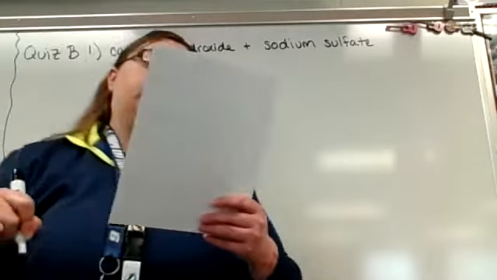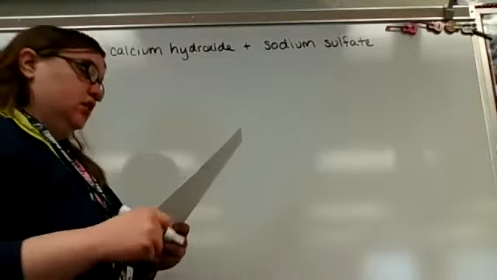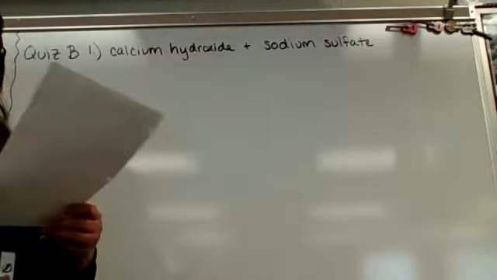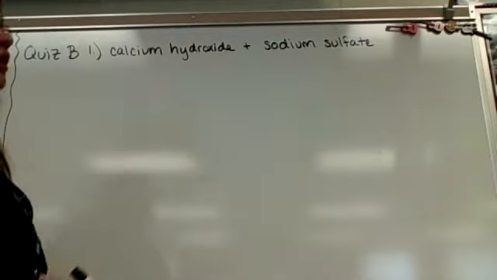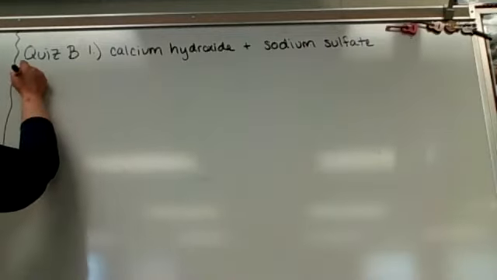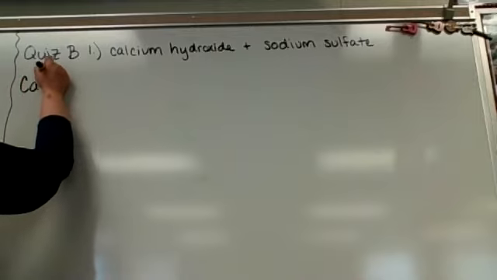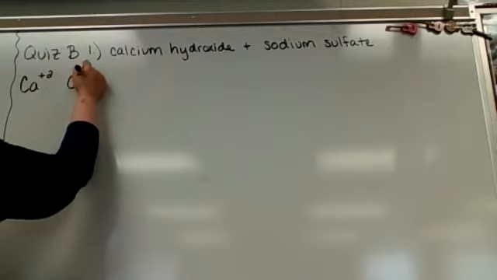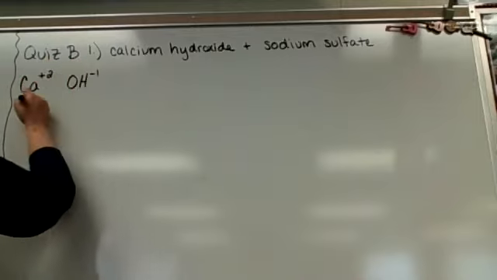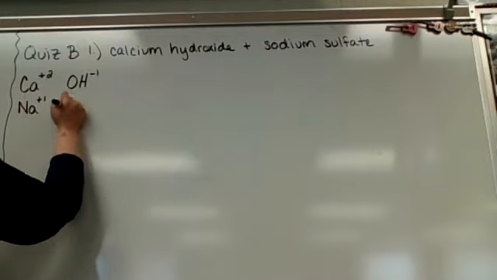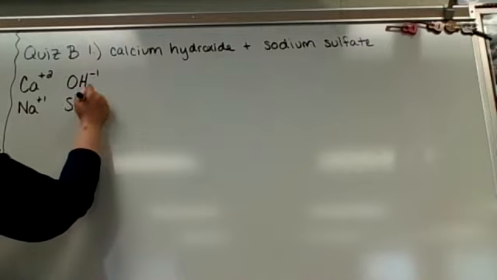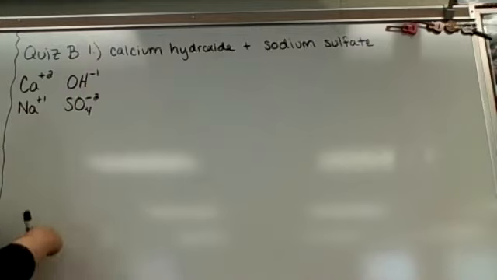Write the balanced reaction with phases. So we've got Ca+2 with OH-1 and sodium sulfate, Na+1 with sulfate SO4-2.